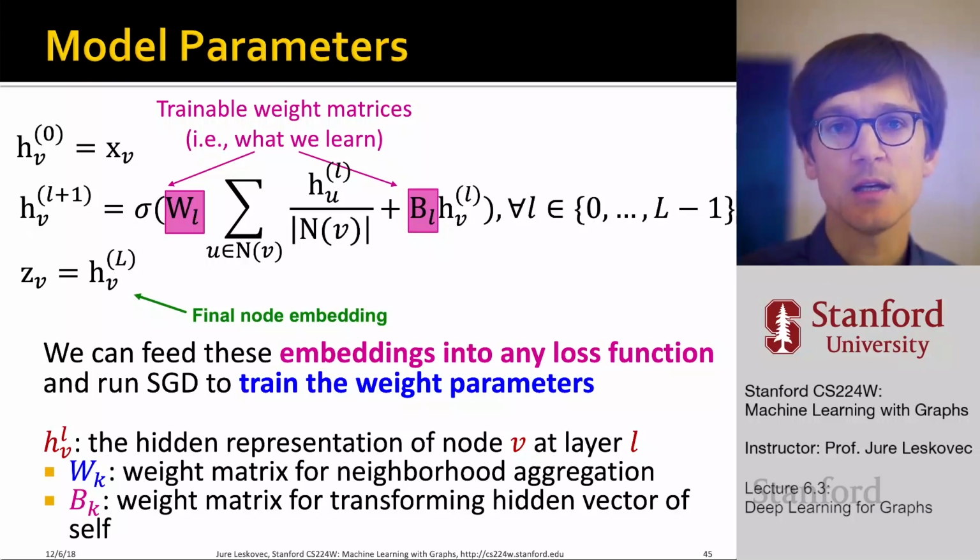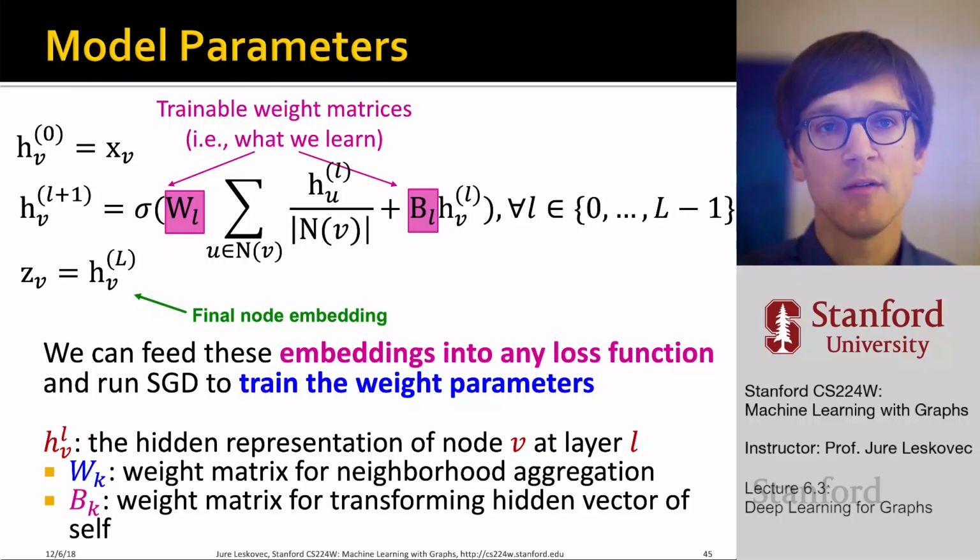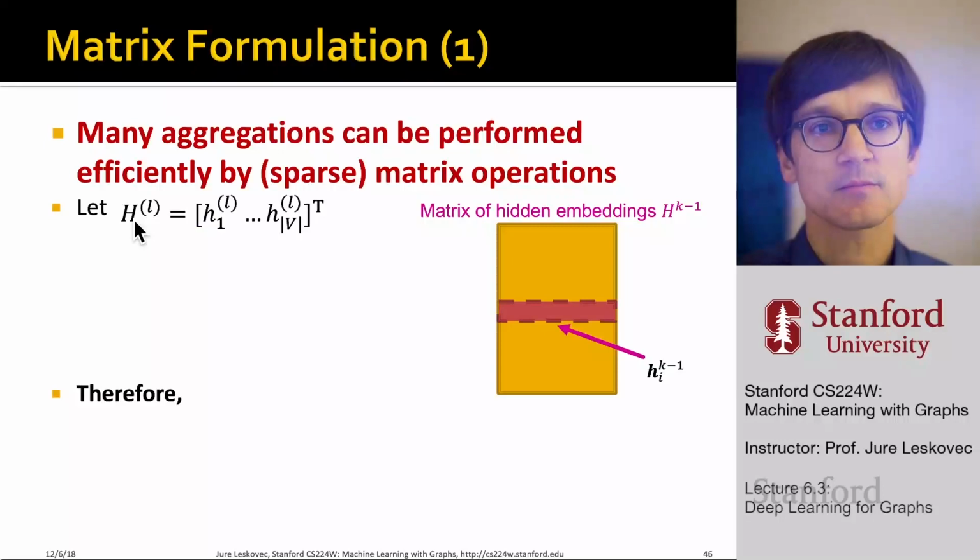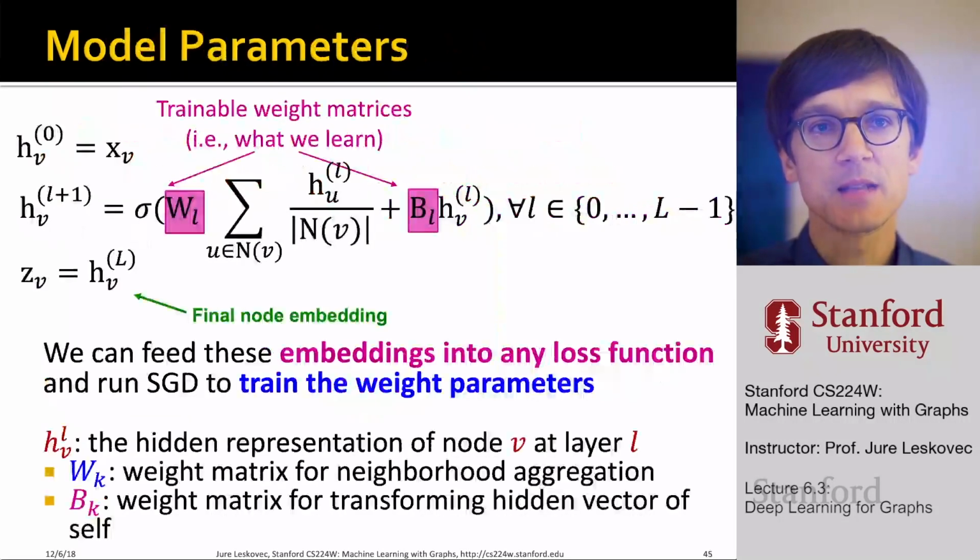What is important is that these weight matrices are shared across different nodes. So what this means is that W_L and B_L are not indexed by the node, but all nodes in the network use the same transformation matrices. And this is an important detail.